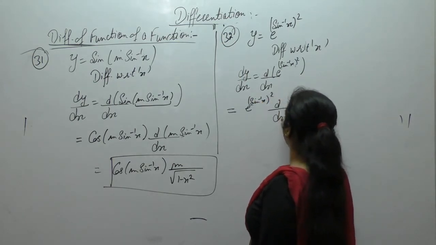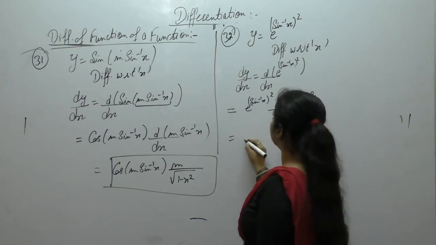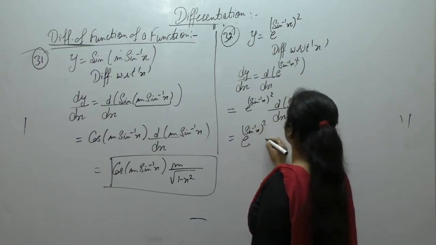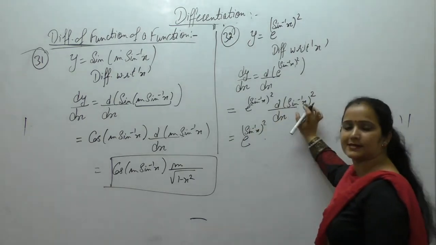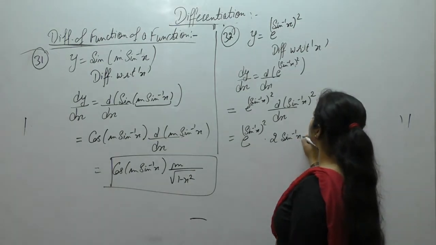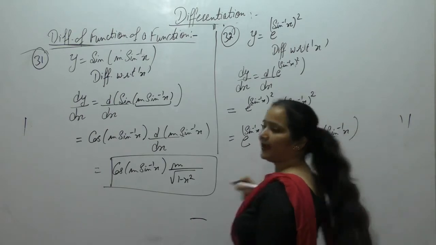So derivative of (sin⁻¹x)²: let it be x, x^n gives n·x^(n−1), so 2 sin⁻¹x, and derivative of sin⁻¹x.